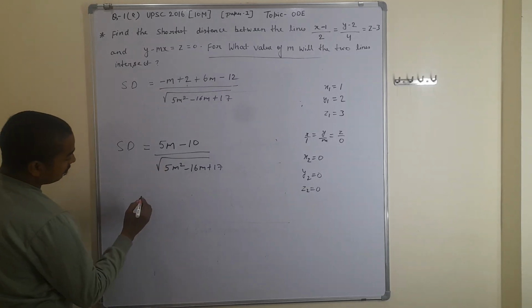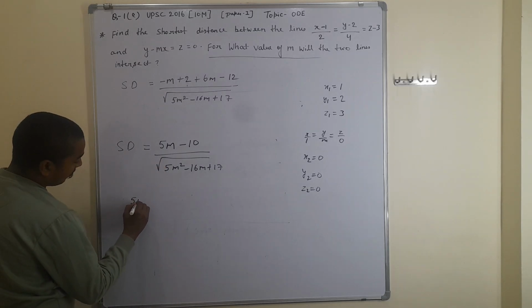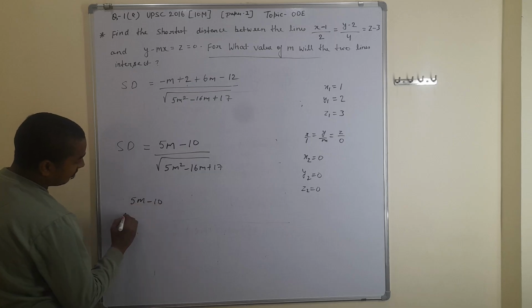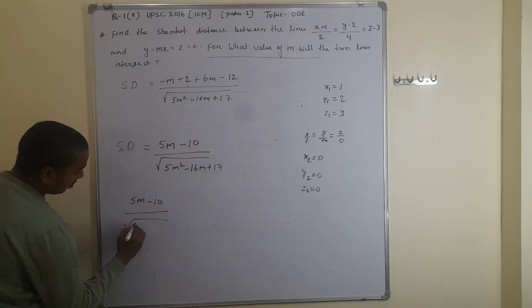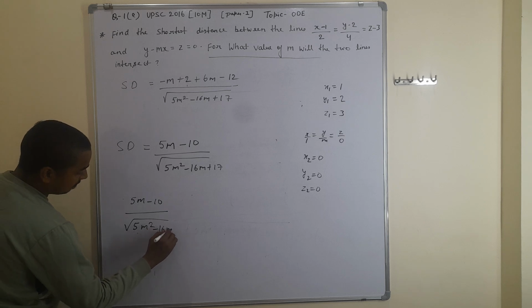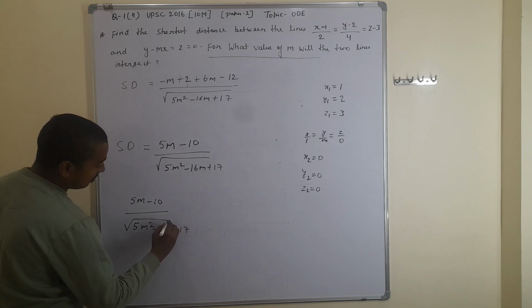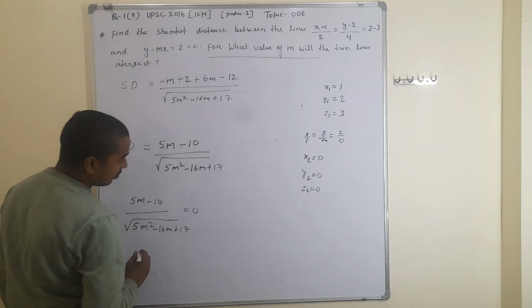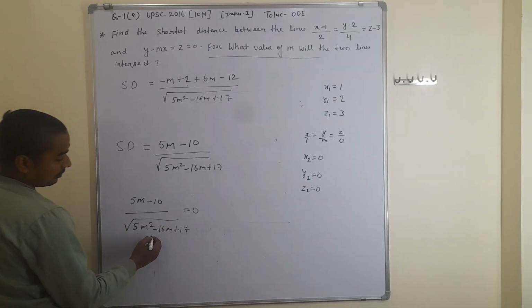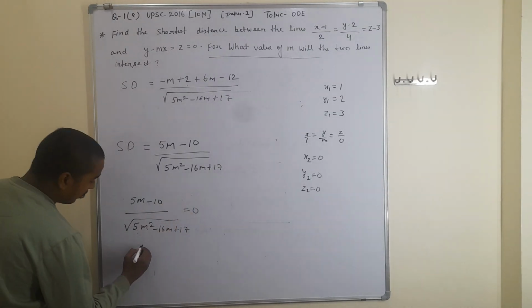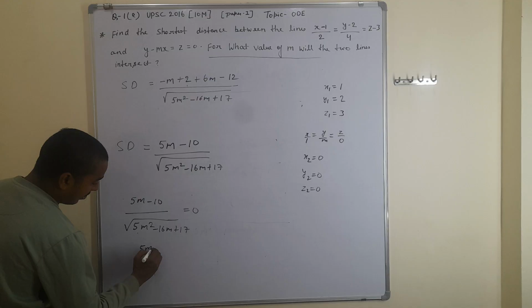Shortest distance equal to 0, that is (5m minus 10) upon under root 5m squared minus 16m plus 17 is equal to 0. On multiplying across, that is 5m minus 10 is equal to 0.